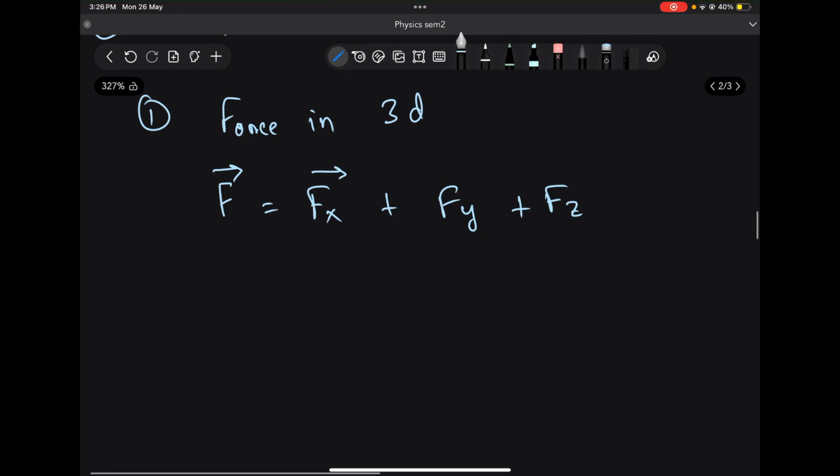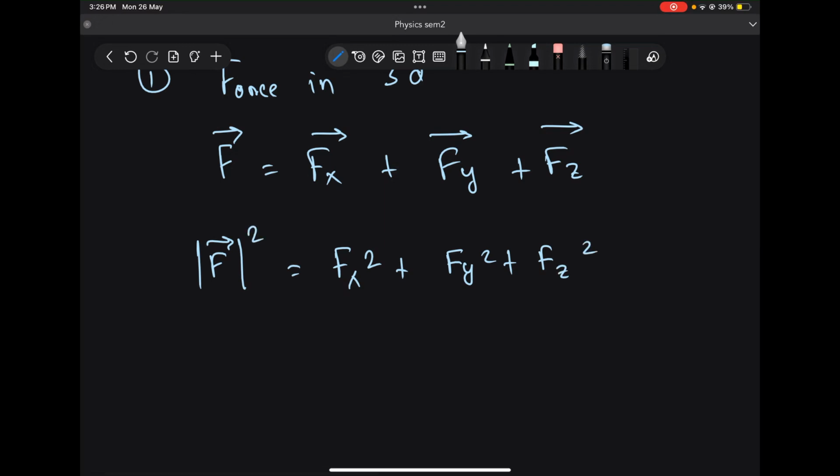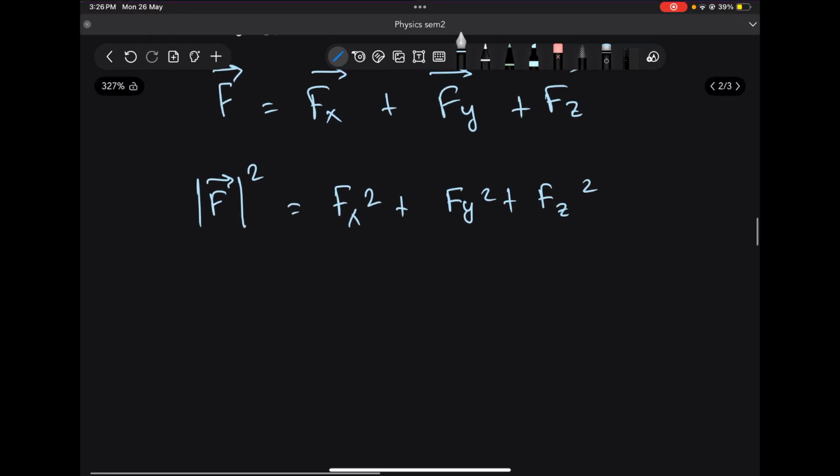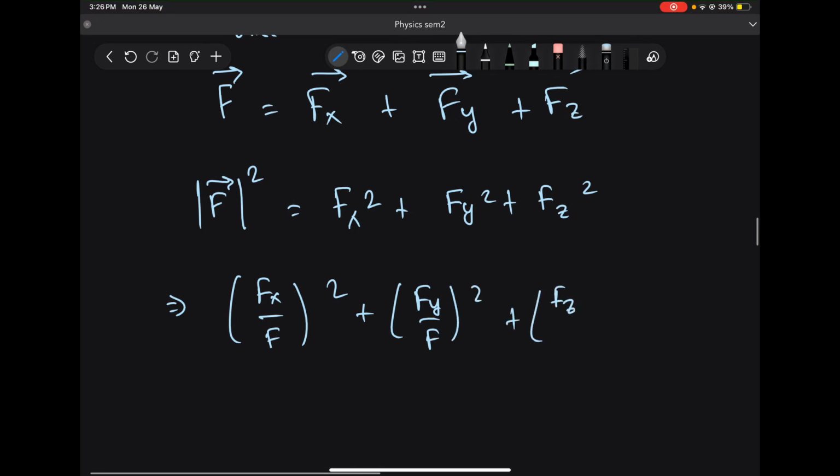So we can represent this as vector additions, and as a result of this we can write the magnitude of F squared as Fx squared plus Fy squared plus Fz squared. So considering this, we can write down (Fx by F) squared plus (Fy by F) squared plus (Fz by F) squared is equal to 1.